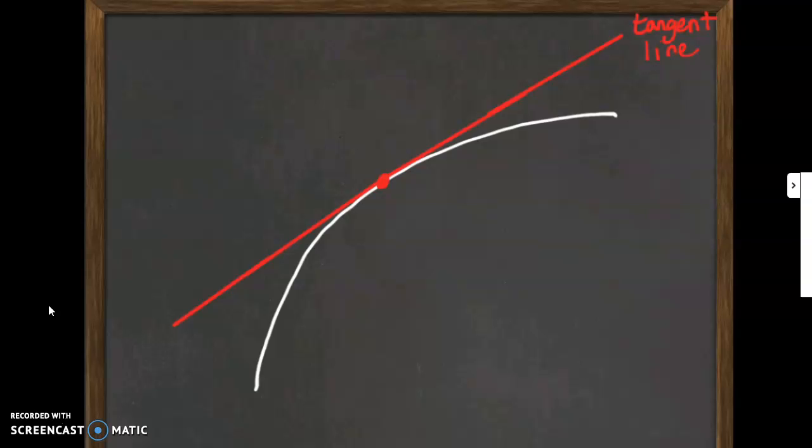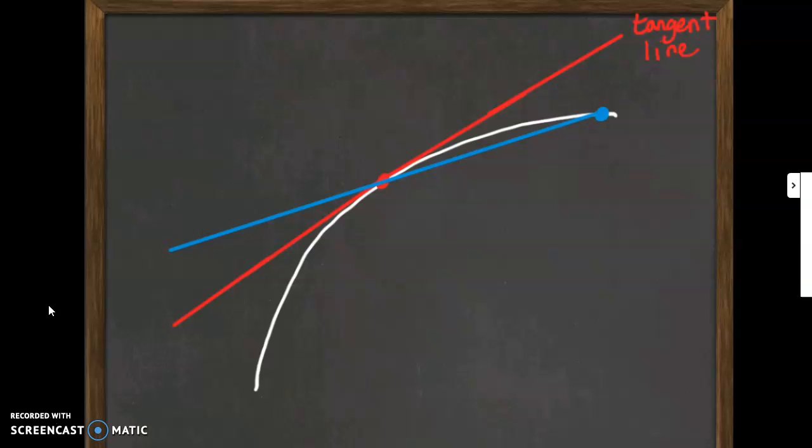So instead, we look at some secant lines. I pick some other point on my curve and find the line going through that point and my red point. Because I have 2 points, I can talk about the slope of that line, and I'd be able to figure it out. I can also see from the picture that the blue line's not as steep as the red line.